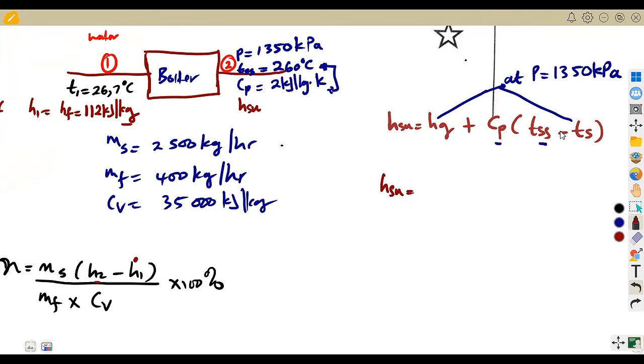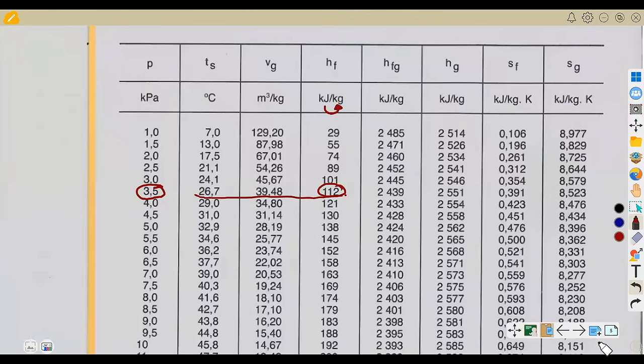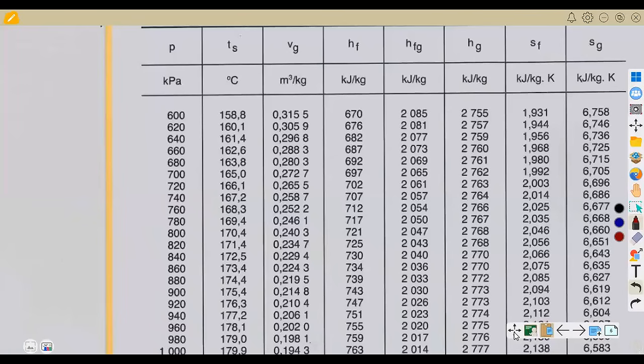So I'm just going to refer to this pressure, 1350 kilopascal. So where do we have this one? I think along these values. So you consider pressure this time. You are working under this pressure here. That is where you are going to consider. So we need the value of Hg there and the value of Ts.